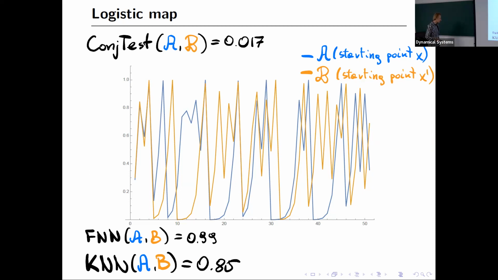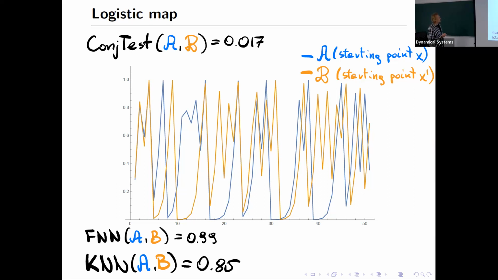All of these statistics always lie between 0 and 1, so smaller values suggest that those time series come from more similar dynamics.